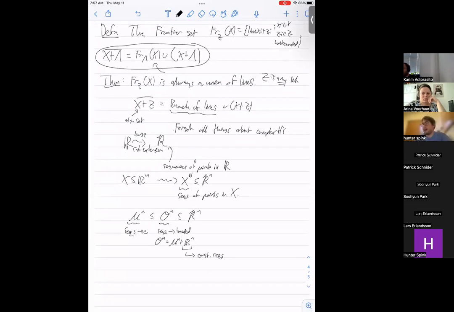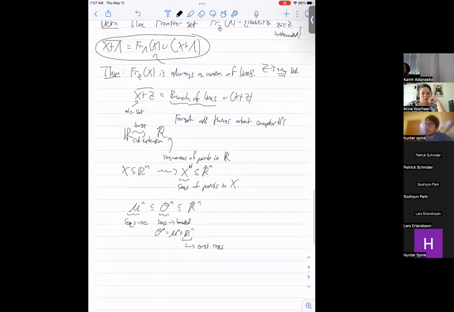Cool. Now here is the logic that you go through to prove this amazing fact. And at one point, there's going to be an amazing theorem that goes behind the amazing fact. I want to study the closure of X plus Z, where again, Z is just some random set.